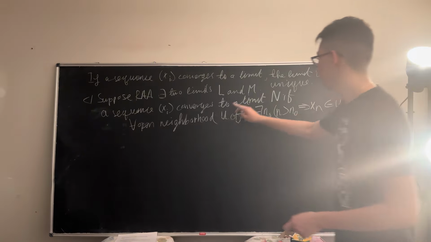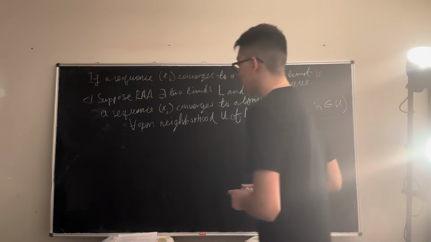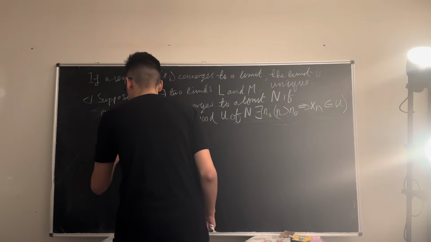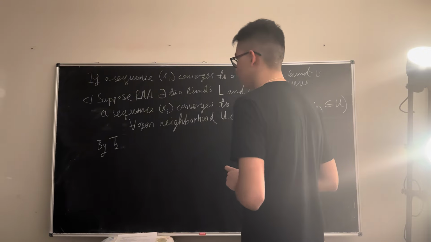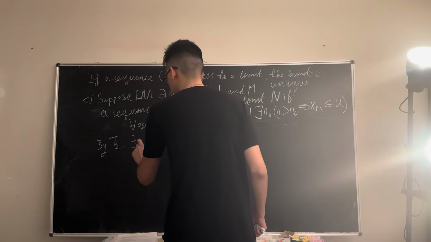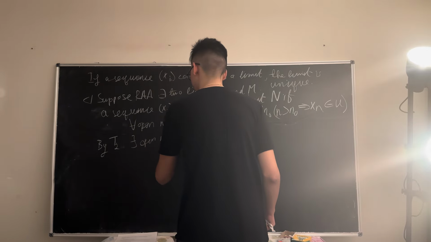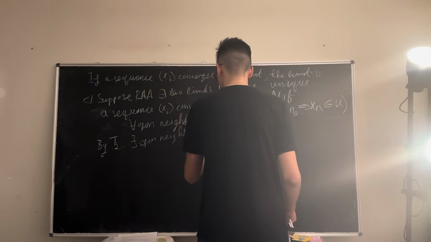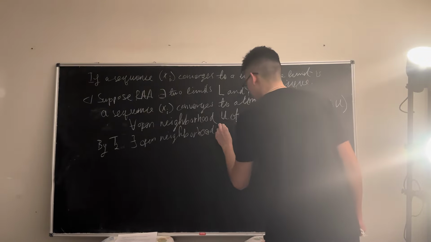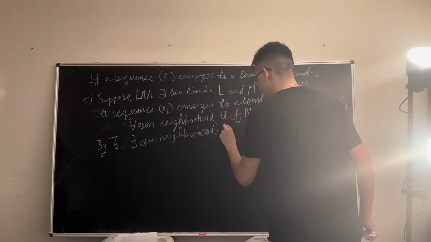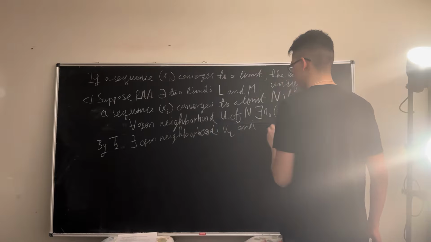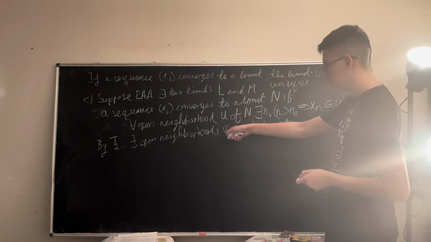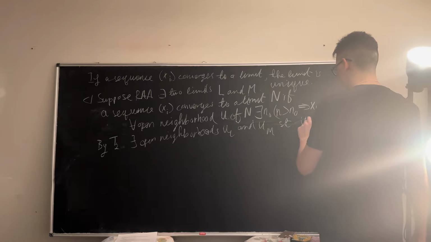And we can use this definition to prove this. The first thing that we do is, by the definition of the Hausdorff property, there exist open neighborhoods, let's call them U_L and U_M, such that L is contained in this one and M is contained in this one, and they're disjoint.